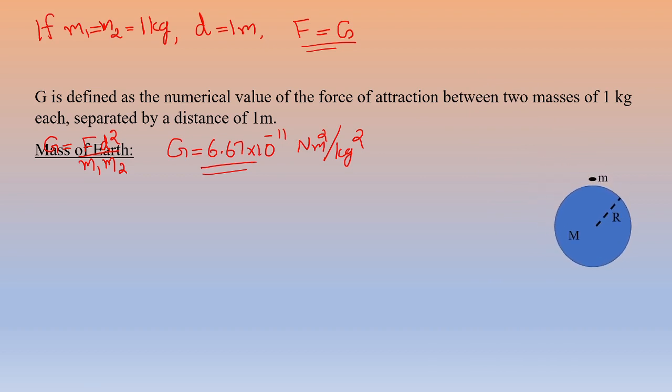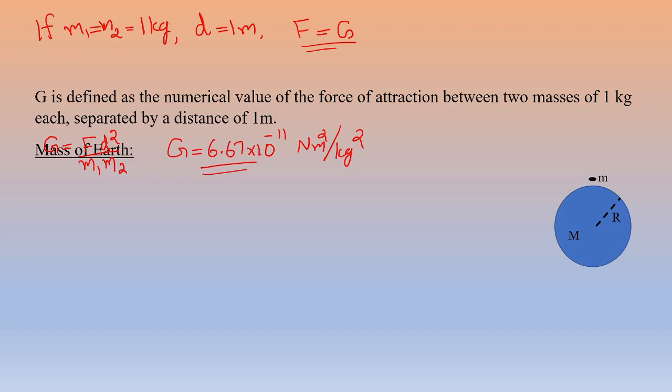Let small m be the mass of the stone, and the Earth has mass capital M and radius capital R. So the distance from the center of the Earth to the stone we can take as capital R, because we hold the stone very close to the surface of the Earth.